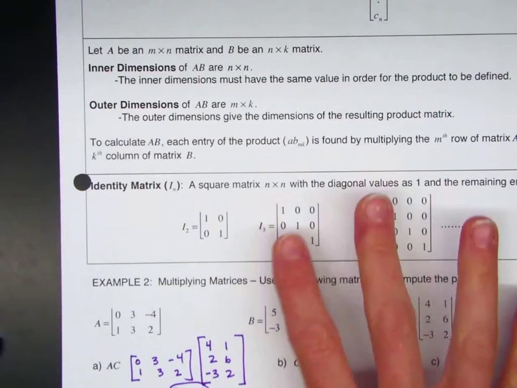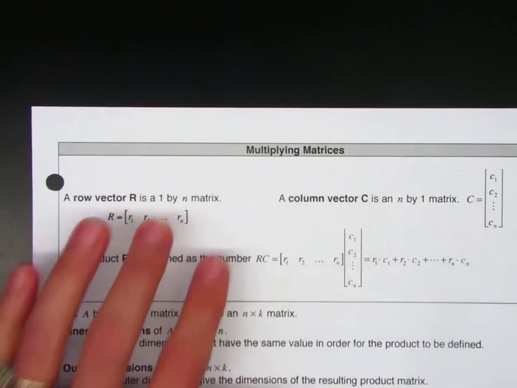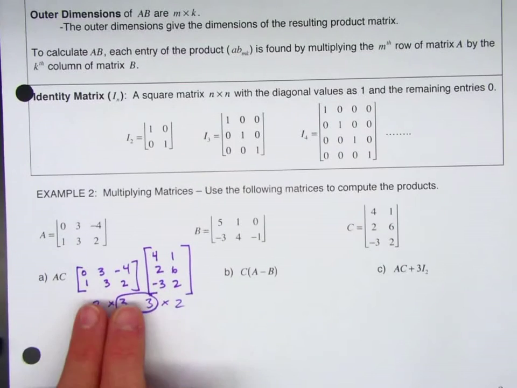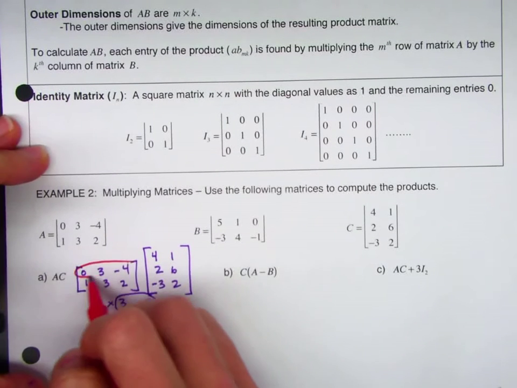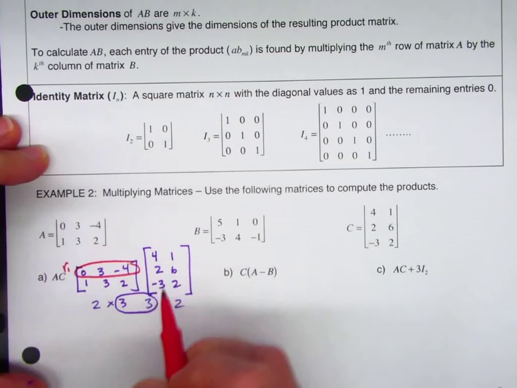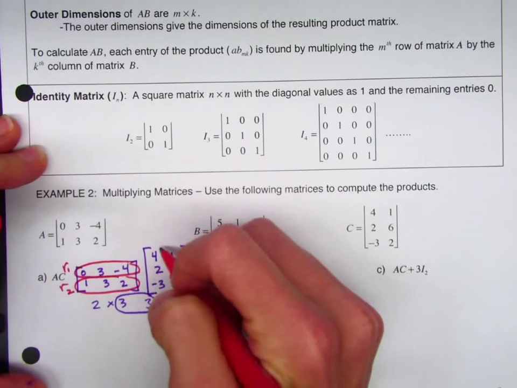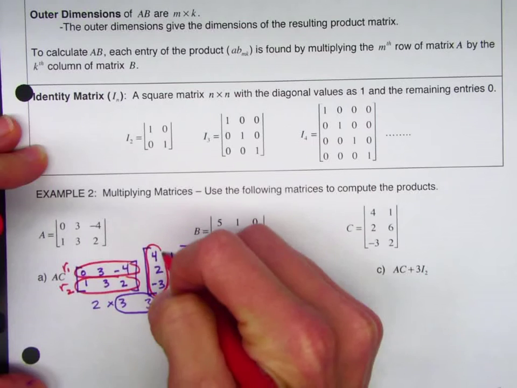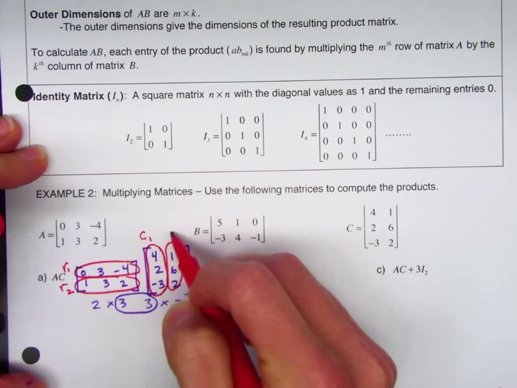So now we're going to go back to this whole row column idea, okay? And what happens is you are going to use the rows from the first one. So we have row 1 here, and we have row 2, and then over here from matrix C I have column 1 and column 2.